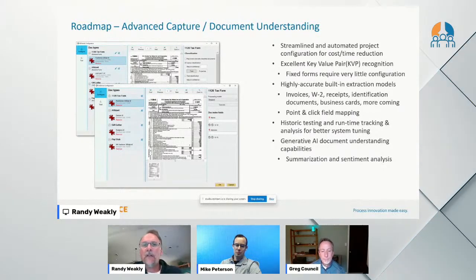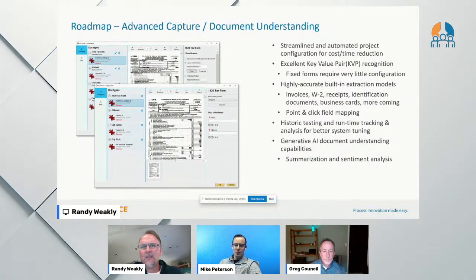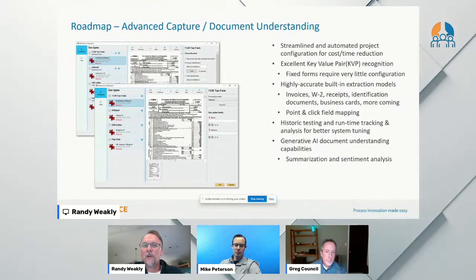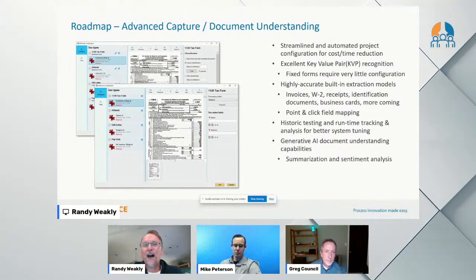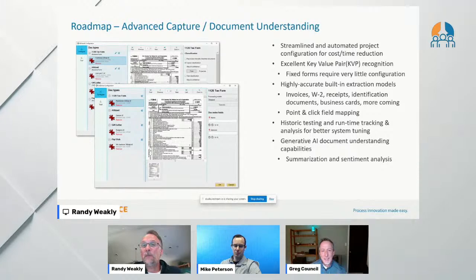Obviously everybody's been playing with ChatGPT, and is probably aware of what's going on with Microsoft Azure, AWS and Google. Those are powerful billion-dollar technologies, and we're not going to compete with that, but we want you to be able to leverage that.